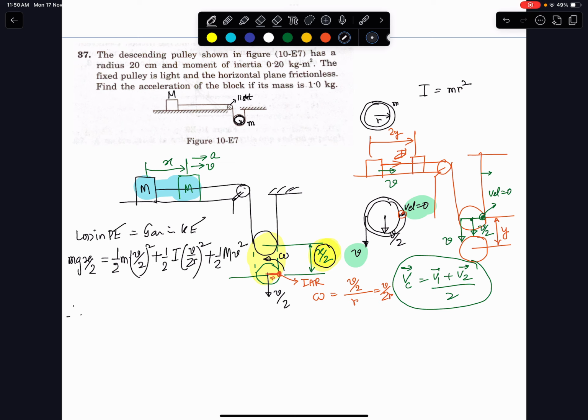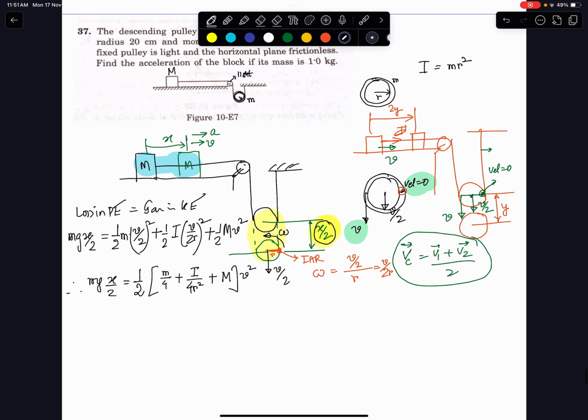Therefore mg x by 2 is equal to half, taking common, (m by 4 plus I by 4r square plus capital M) times v square. So the 2 and 2 cancel, and v square is equal to mgx divided by (m by 4 plus I by 4r square plus capital M).